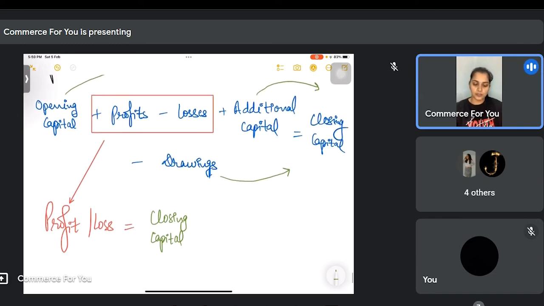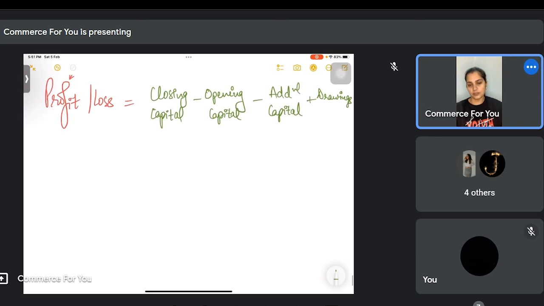Then this opening capital is positive, you'll take it here. Closing capital will be, opening capital will be negative, minus additional capital plus drawings. This will be your profit or loss. That's all. You need not recall any new formula.